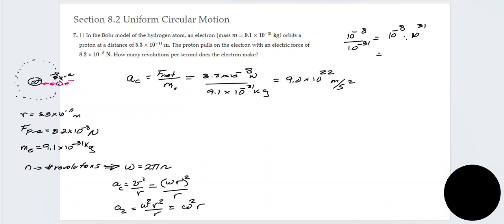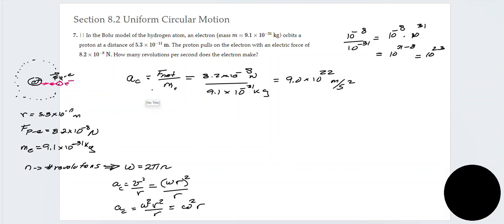So you will be adding exponents, which is really a subtraction here, and then this would be 10 to the 23rd. And of course, your quotient, 8.2 divided by 9.1, would be like 0.9 something. So 0.9 times 10 to the 23rd would be 9 times 10 to the 22nd, right? So this is why we get 9.0 times 10 to the 22nd meters per second squared.